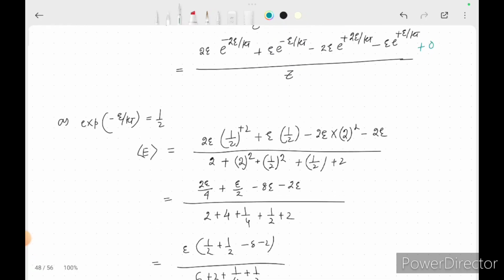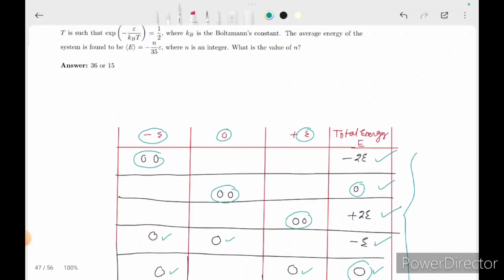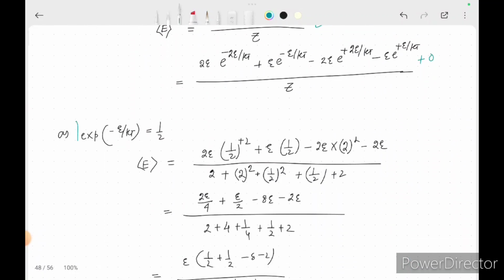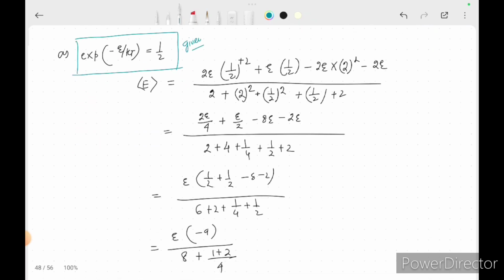Next, given e to the power minus epsilon upon kT equals half, this is given actually, right? We use this value. After using this value we get the numerator, and for the partition function also we get this type of value.